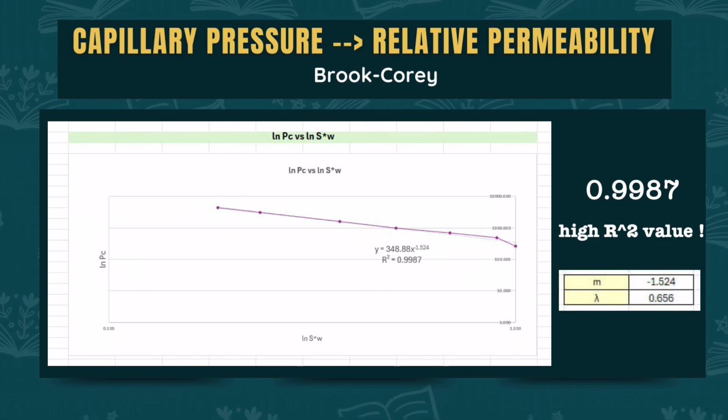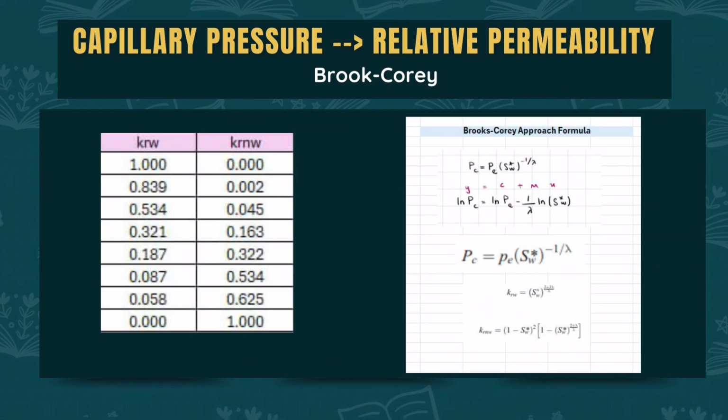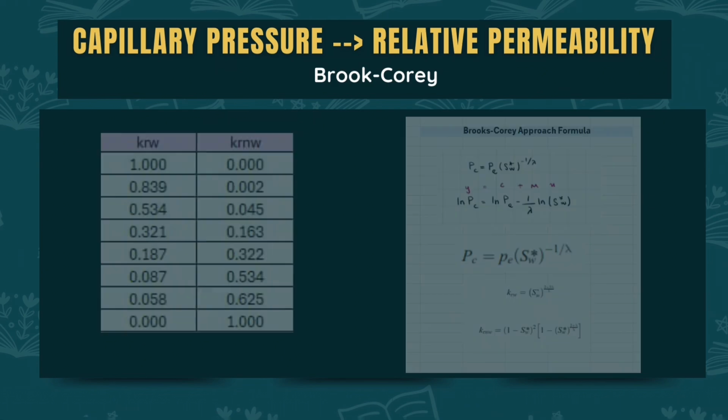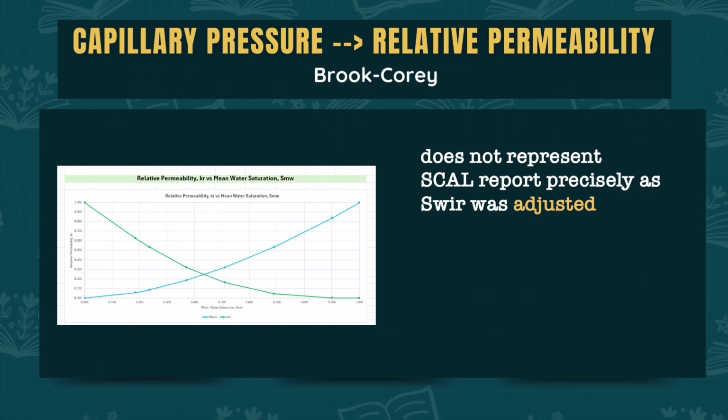The gradient of the plot, negative 1.524, provides a lambda value of 0.656 as shown in the yellow table. We then calculated the relative permeability of water and air using the Brooks-Corey model formula. The resulting curves resemble those in the Corey model. Note that this model does not represent the SCAL report precisely as the Swir was adjusted.